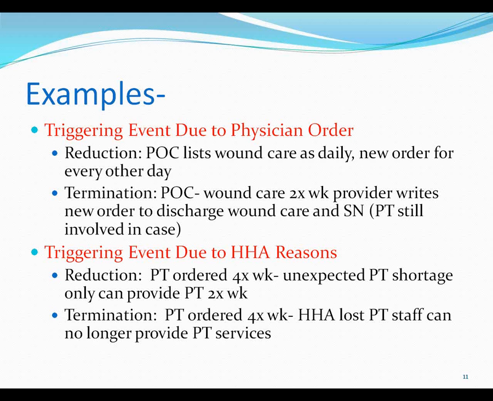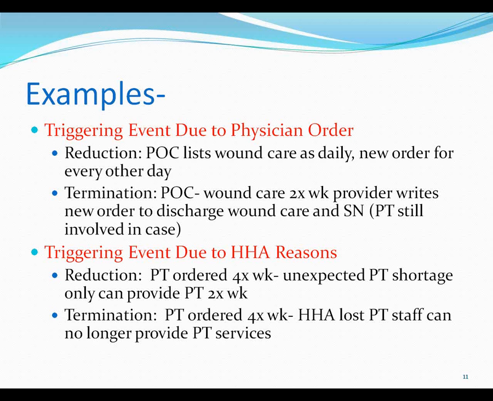With a termination, the doctor is actually saying that he wants to discharge the wound care altogether, and nursing and PT is still involved in the case. So you would give the patient the HHCCN. If it's due to a home health agency reason, again, it can be either reduction or termination.